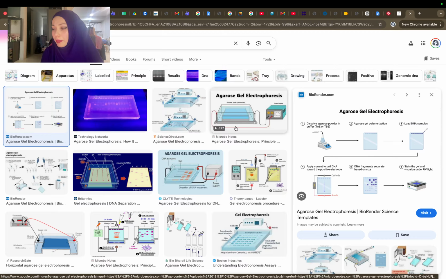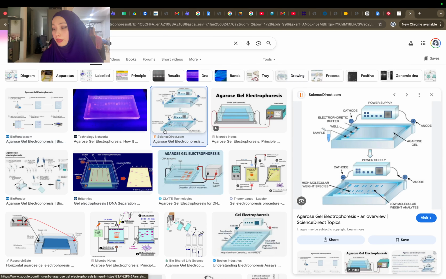And then what happens is that the gel acts like a kitchen sieve, and small DNA runs quickly, but large DNA moves slowly through this process. So after the run, scientists can estimate the DNA size, because the small one is going to run quickly, but the large will just move slowly inside of it.